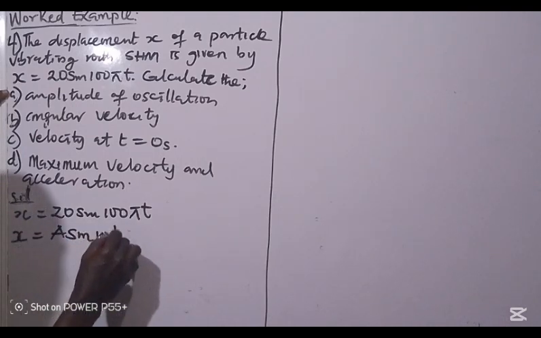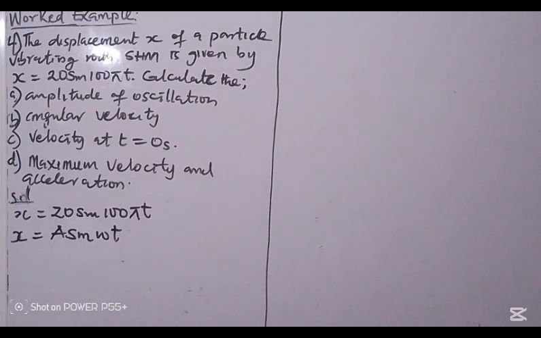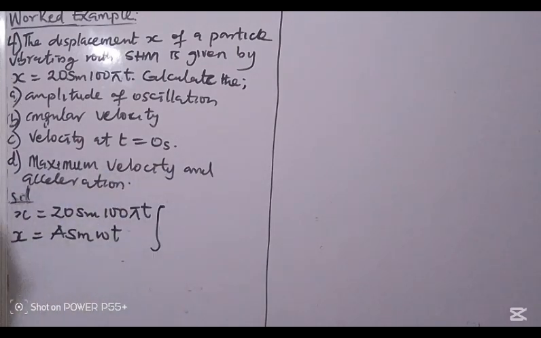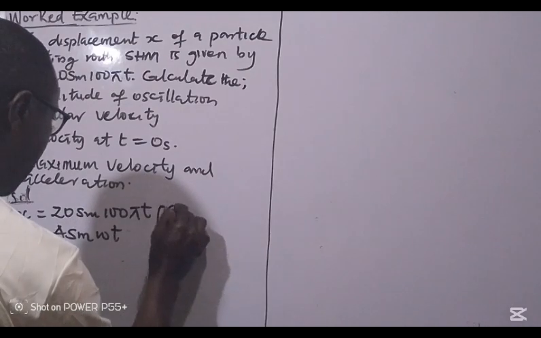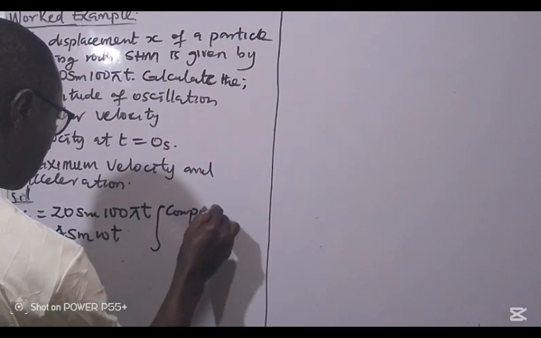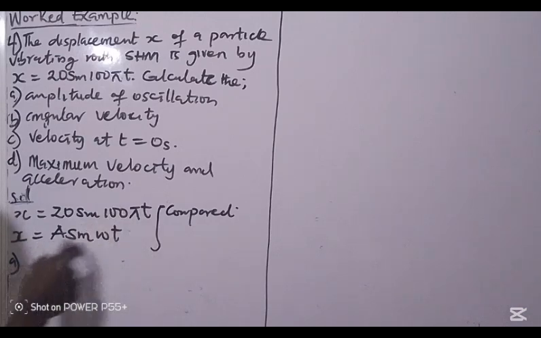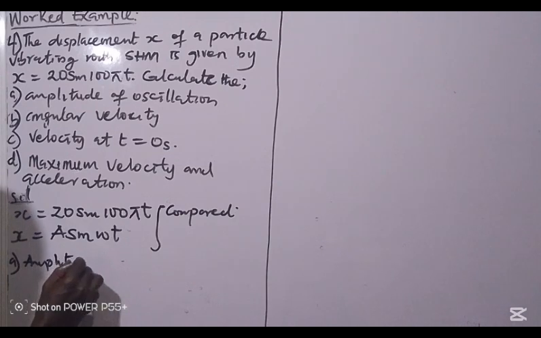By comparing these two equations, 20 sine omega t and A sine omega t, it means A is the amplitude, which is equal to 20 meters.